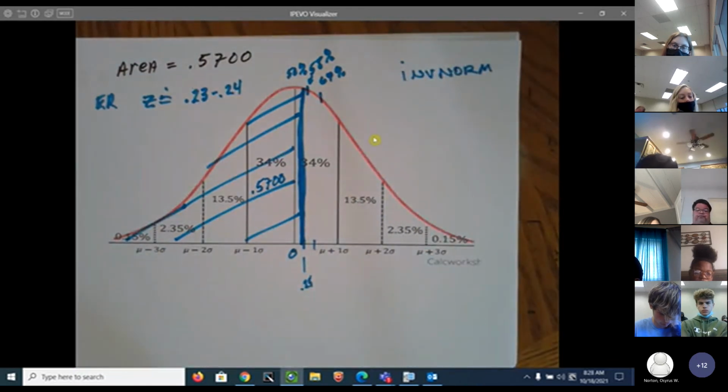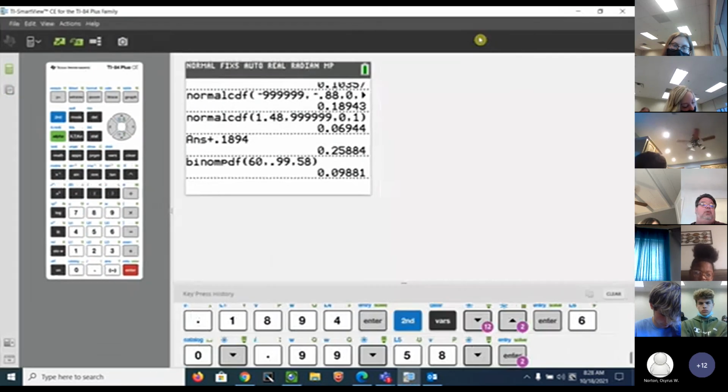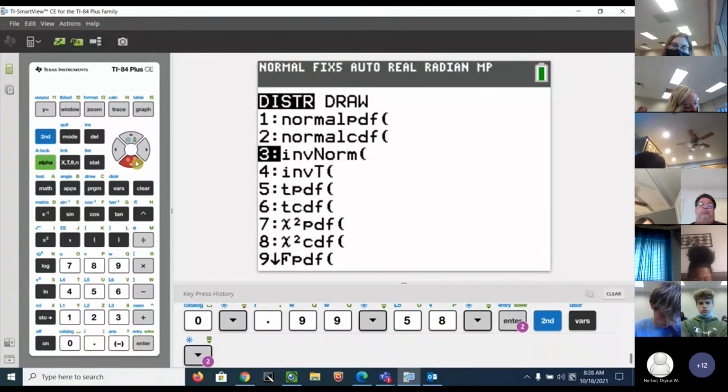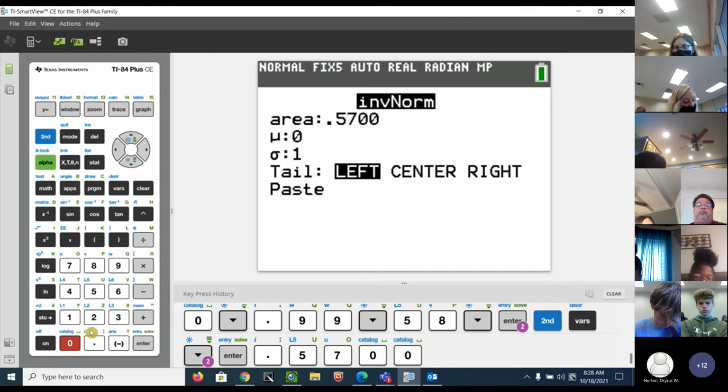Second, bars, inverse norm, and 0.5700. Left tail means left side. That's what we're doing. If it was right tail, if it asked for the right side, you do right.